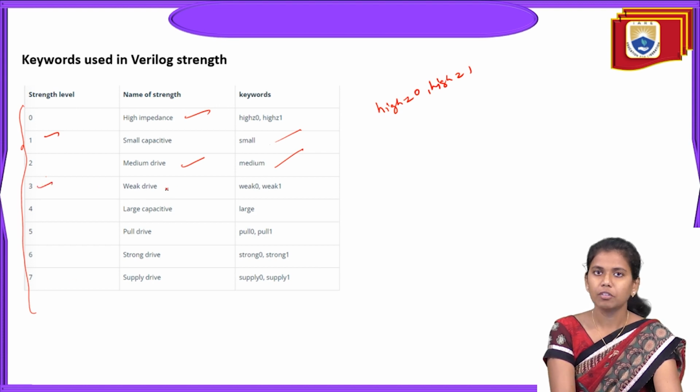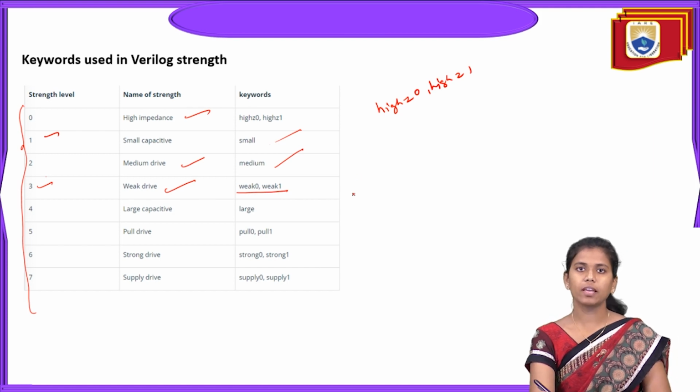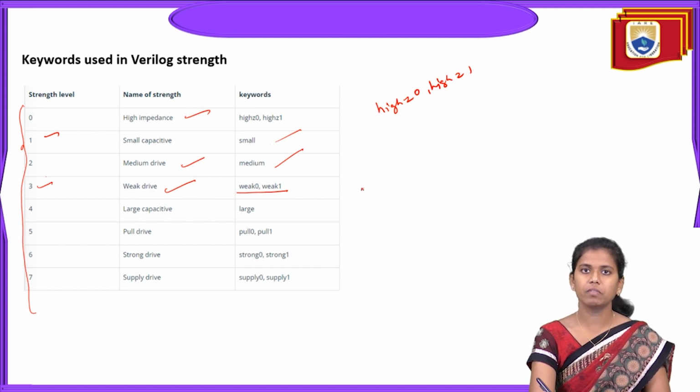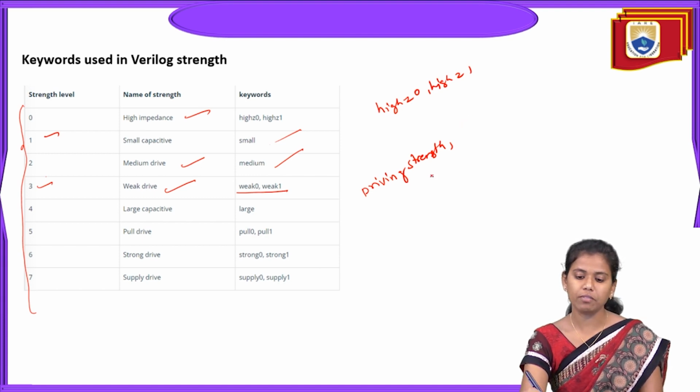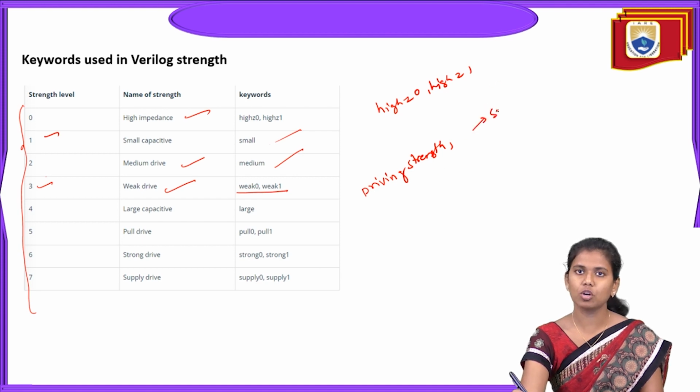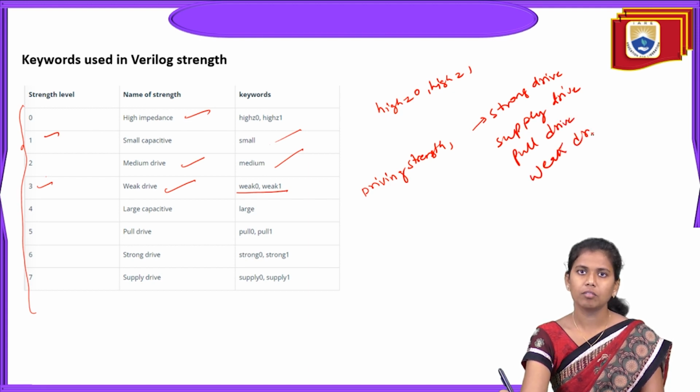And if it is 3, it is weak drive, and the keyword is weak. Why? Because in the previous slide we discussed the driving strength, where different names can be given to the strength of a net driver, in terms of strong drive, supply drive, pull drive and weak drive.